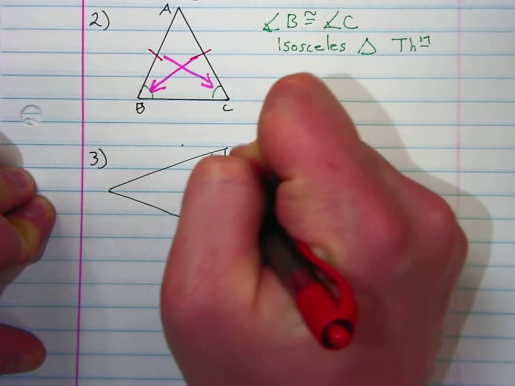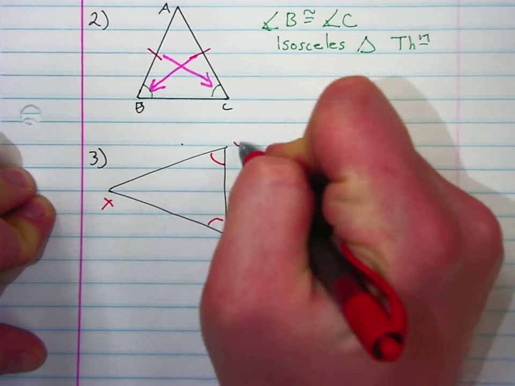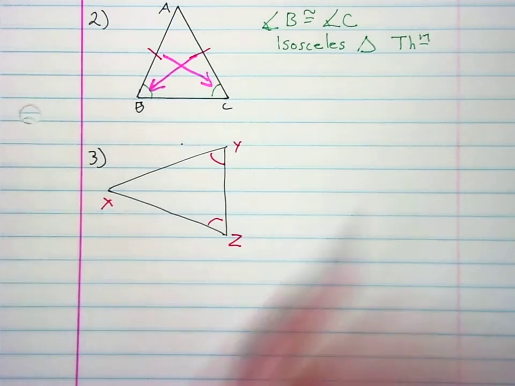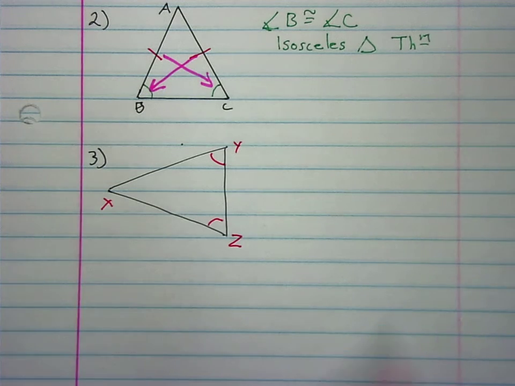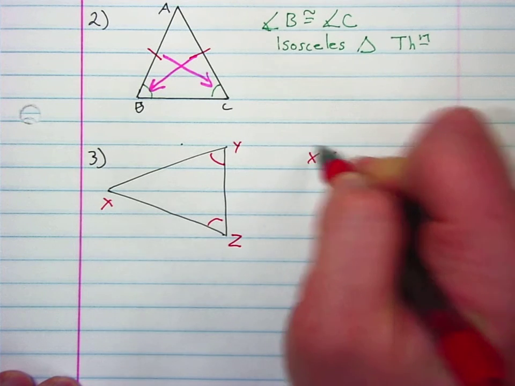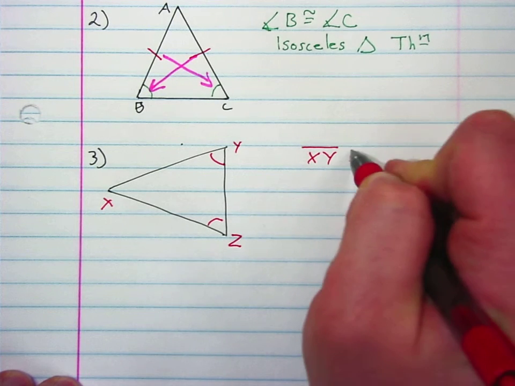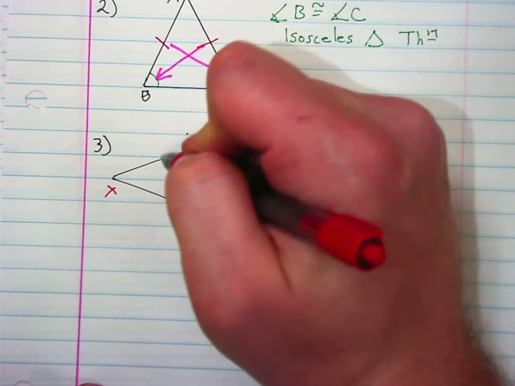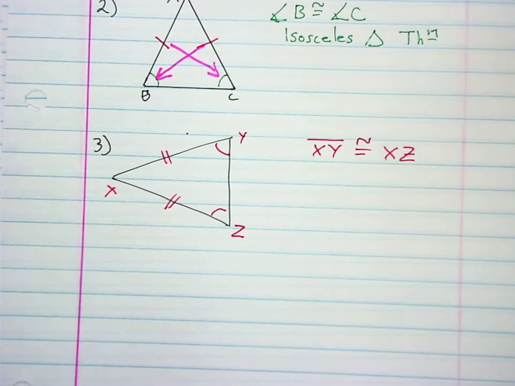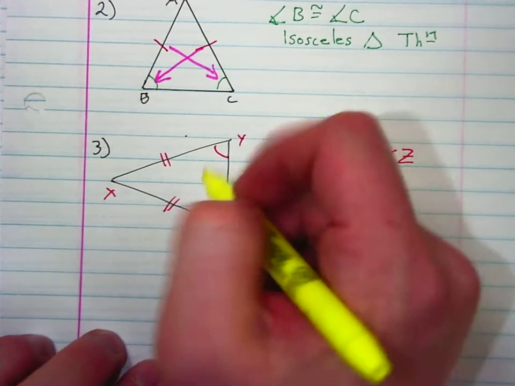Well, I can state that XY is congruent to XZ, so I can mark this side equal to that side because they are opposite the base angles.